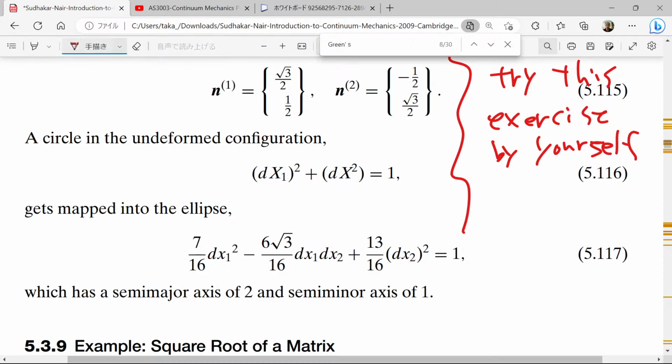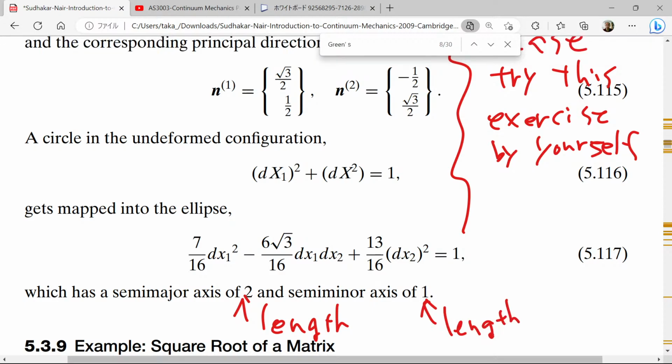This means length, and this means length. Yeah, then we have this one. Actually, this is like this way.